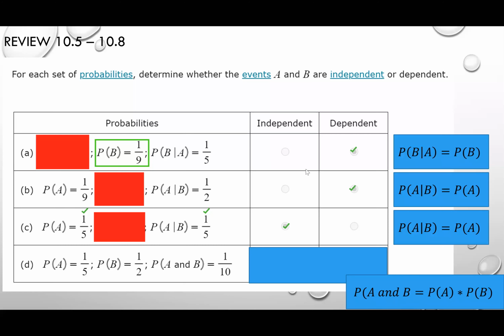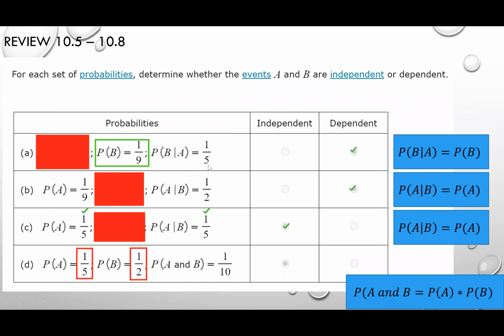So in order to know if they are independent, you need to take this item 1/5, and multiply it by this item 1/2. If you multiply those two items, is that equal to 1/10? And hopefully you guys see that 1/2 times 1/5 is equal to 1/10, right?